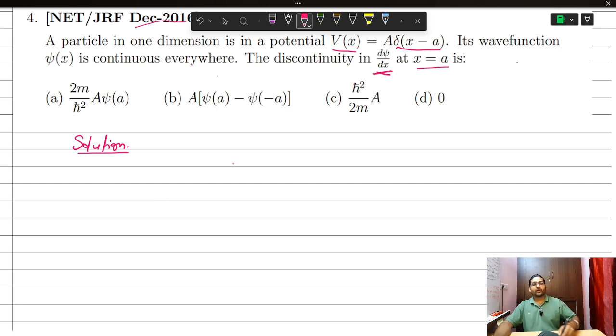Where can we find the discontinuity at x equal to a? To solve this, we will use the Schrödinger equation.